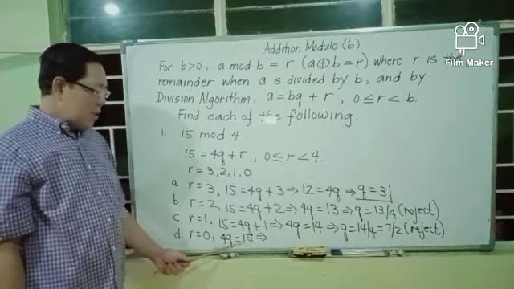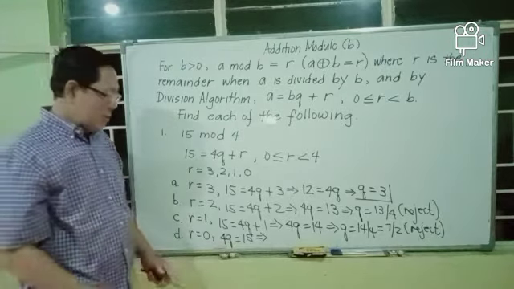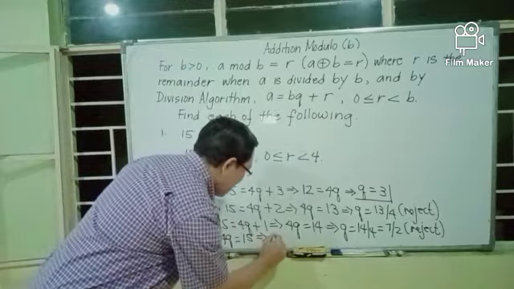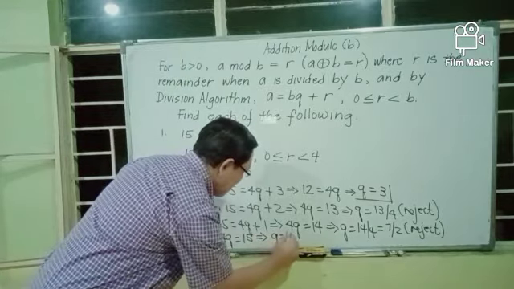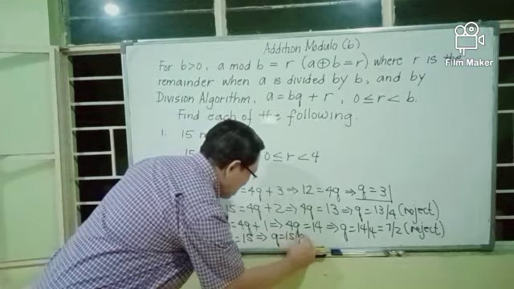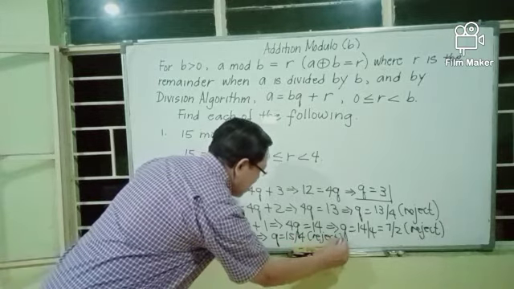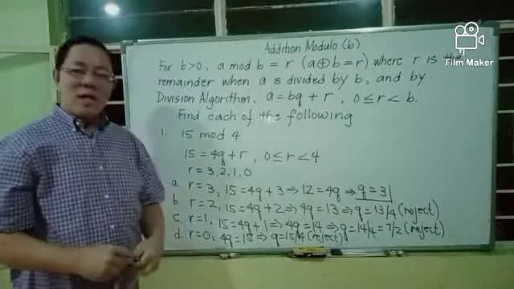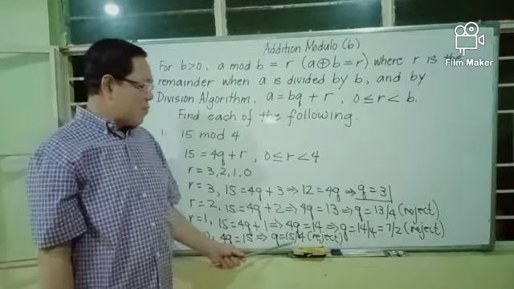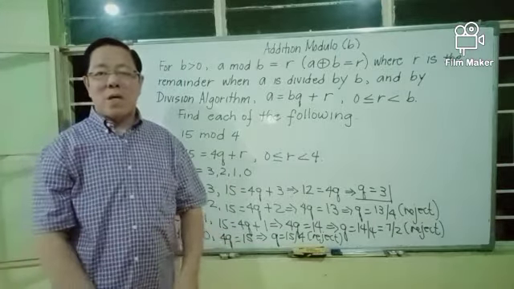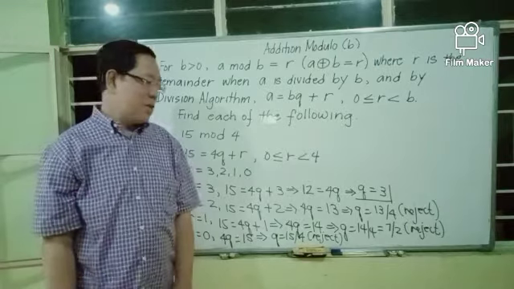We get q equals 15 over 4. And again, we reject this value of q, 15 over 4, because we require that q be an integer.